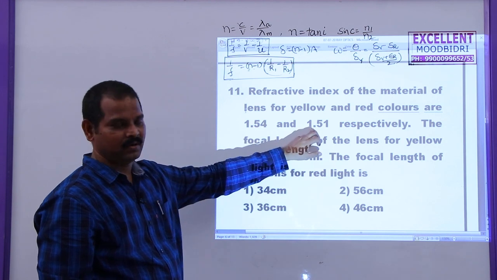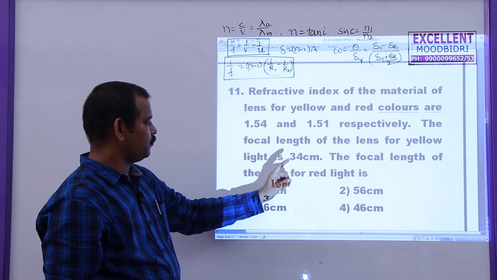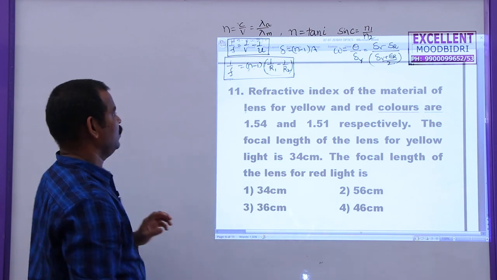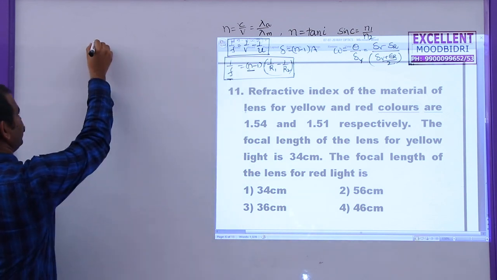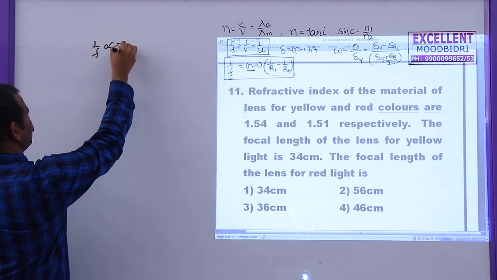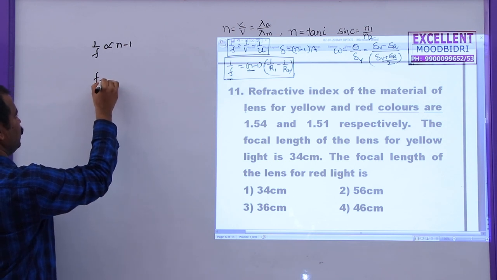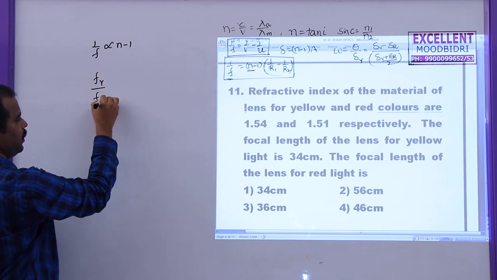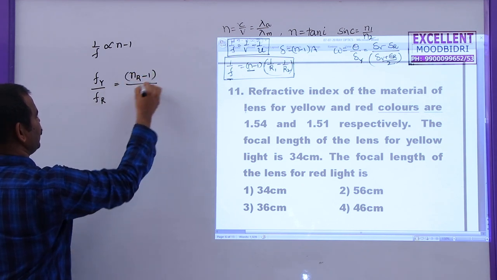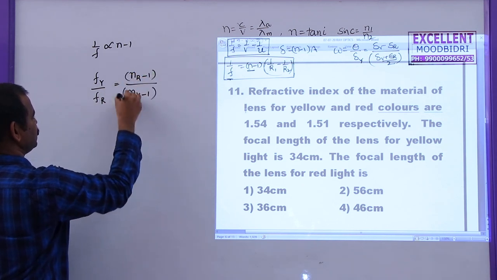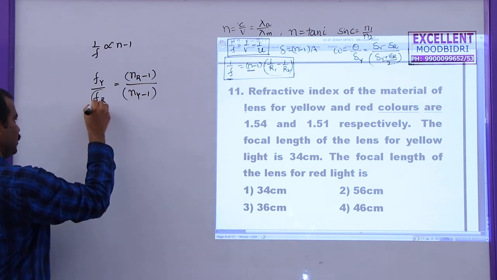11th one: refractive index of material of lens for yellow and red colors are given as 1.54 and 1.51. These are n values. The focal length for yellow is 34. What is the focal length for red color? The relation between focal length and n is inversely proportional here. So we can write 1 by f directly proportional to n minus 1. So for red and yellow, f yellow by f red is equal to (n red minus 1) by (n yellow minus 1). I need to find out the focal length for red light, so I want this value.